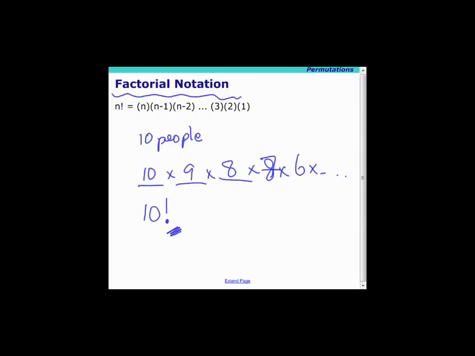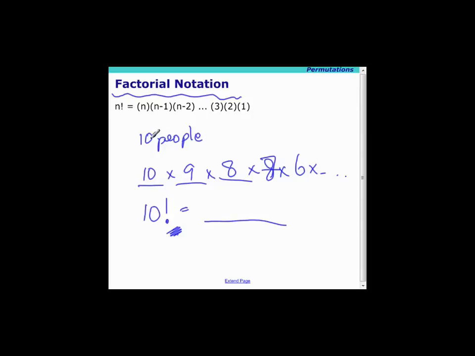And this symbol in math, exclamation mark in math, reads factorial. You can find it on your scientific calculator. If you have a graphing calculator, usually if you hit math, it'll be in one of those little menus down there, factorial button. Anyway, you just type 10, hit the factorial button, and it'll pop out the number of different arrangements that you could get.